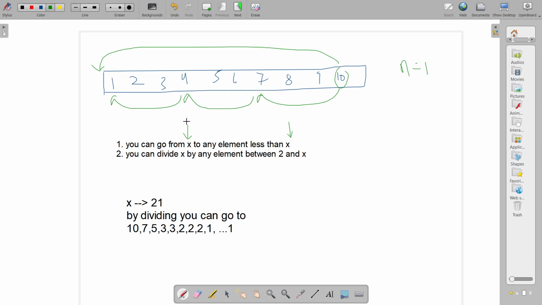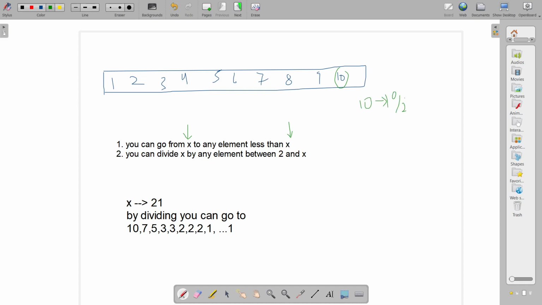Another step which I can do is divide my number x by any element between 2 and x. For example, to reach 1 from 10, I can divide it by 2. So 10 by 2, and I can make it 5.